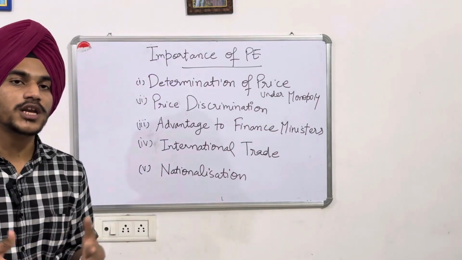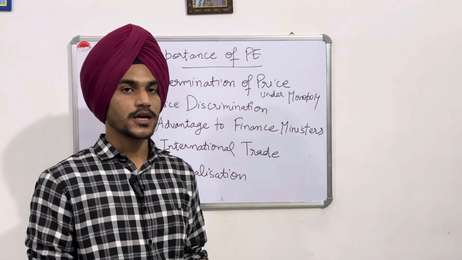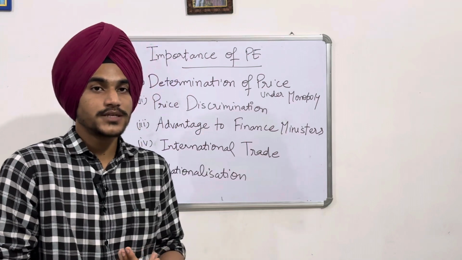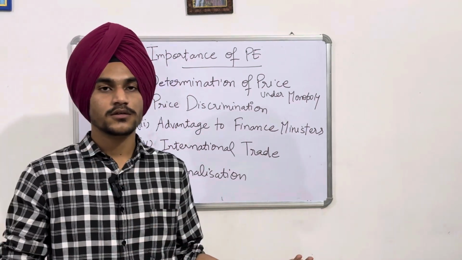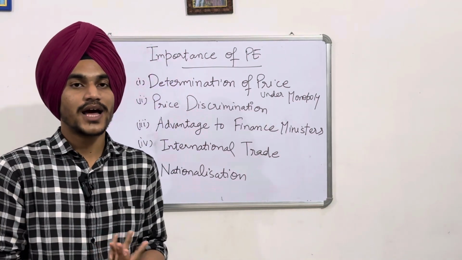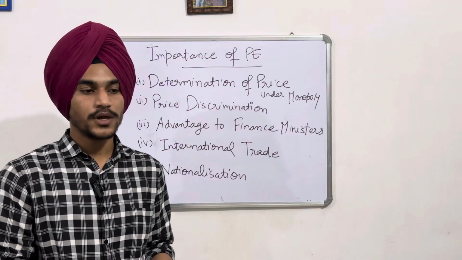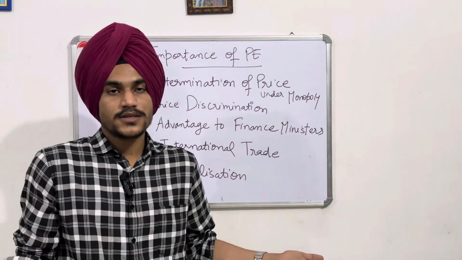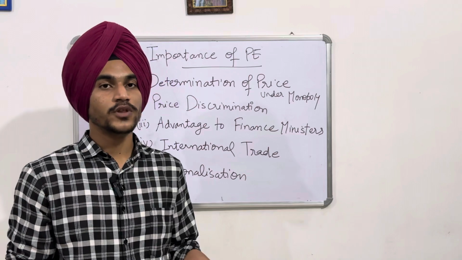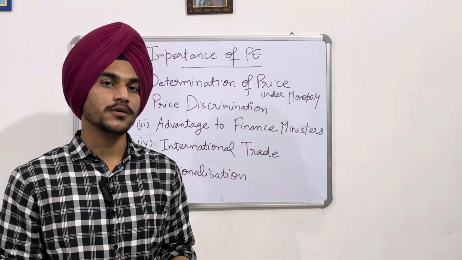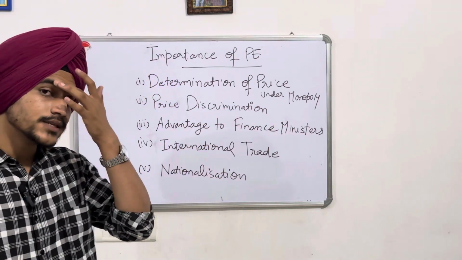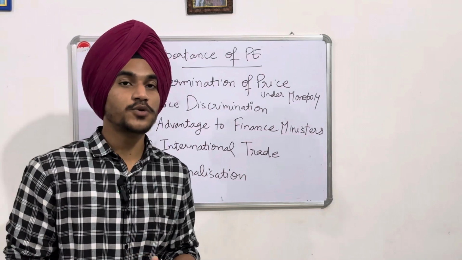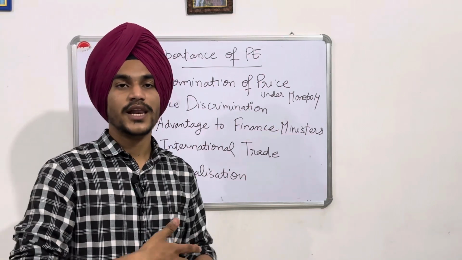If the demand for any product is elastic, you cannot change the price to such an extent. You know that there is an elastic demand. The people will decrease or will remove the use of that commodity. So if the demand is inelastic, then you can change your prices to any level.